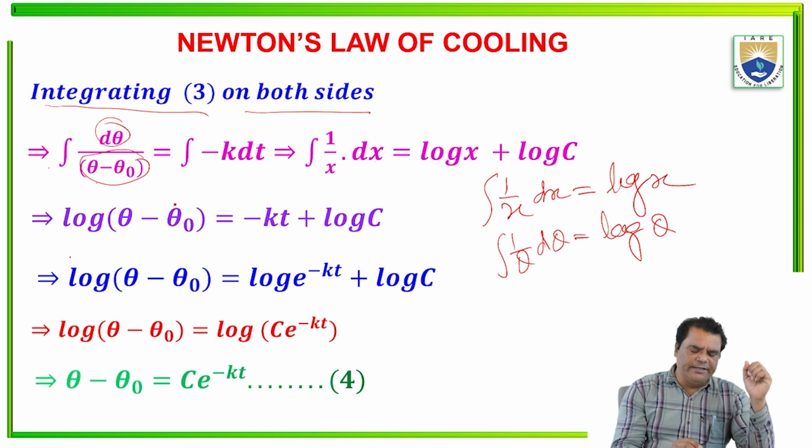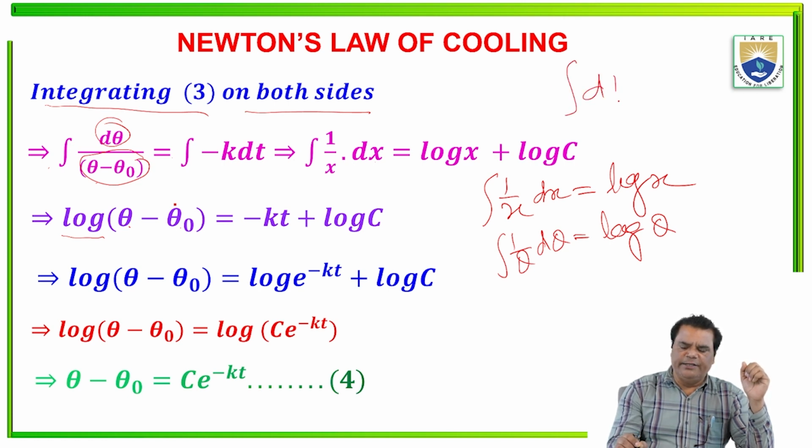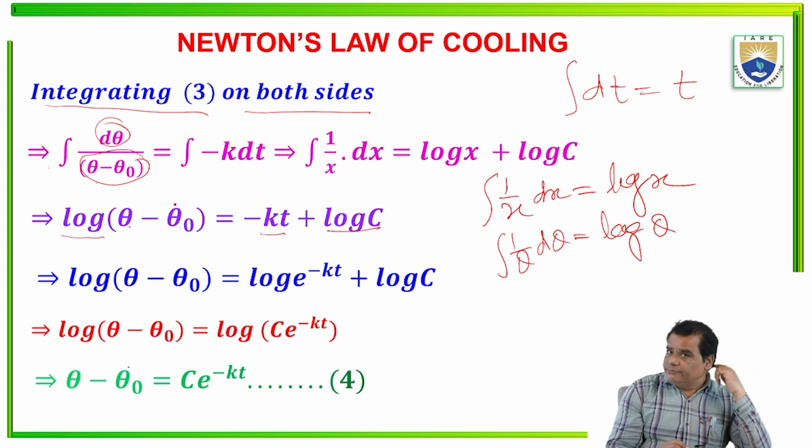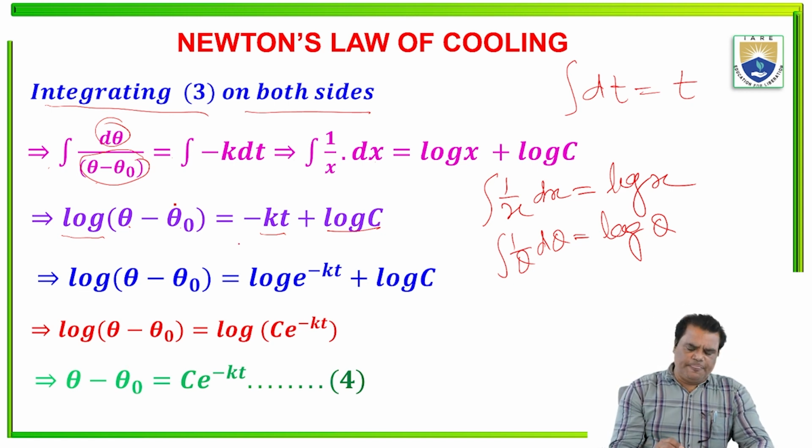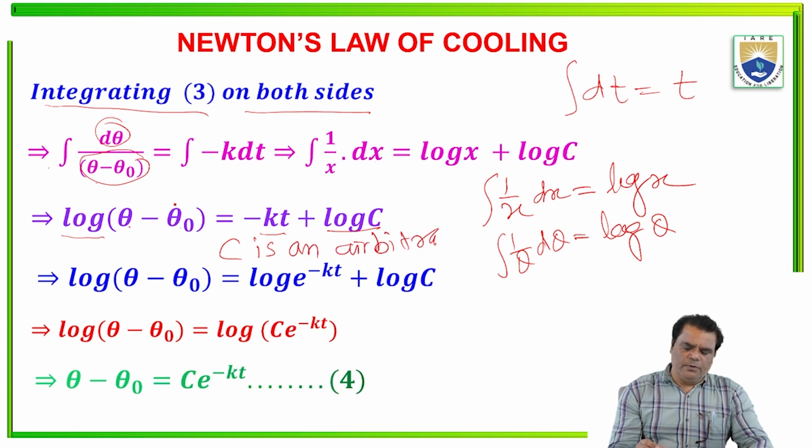After integrating, we get log of theta minus theta naught equals the integration of minus k dt. The integration of dt is t, so we get minus kt plus log c, where log c is an arbitrary constant.